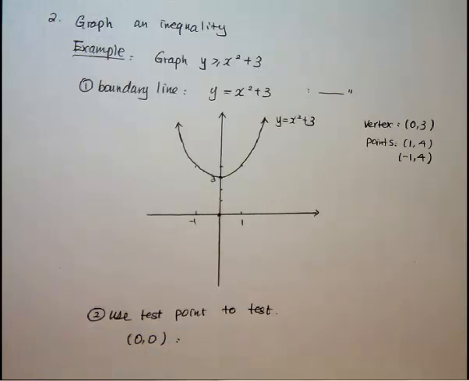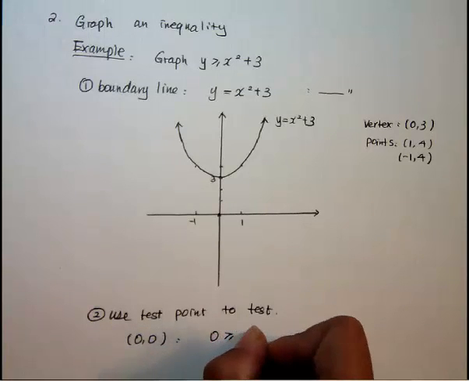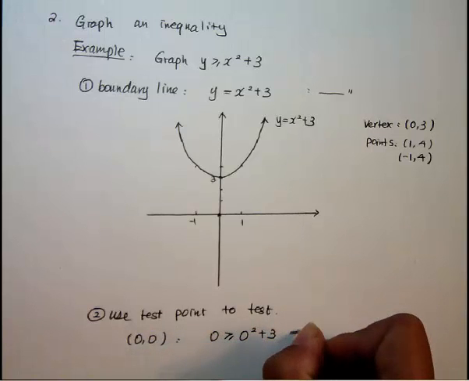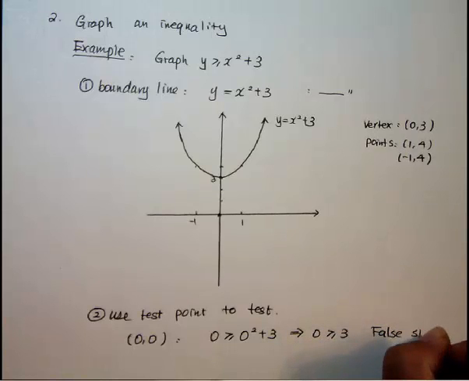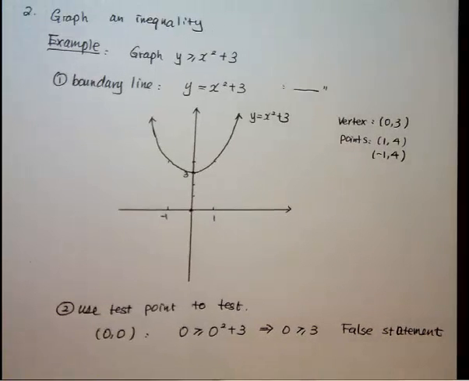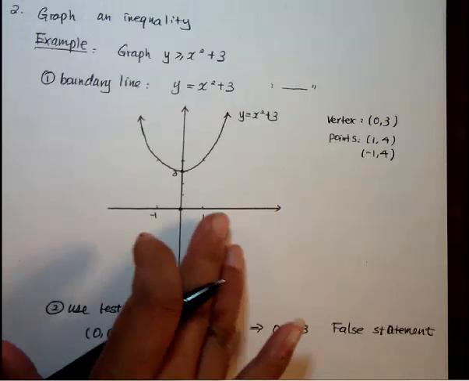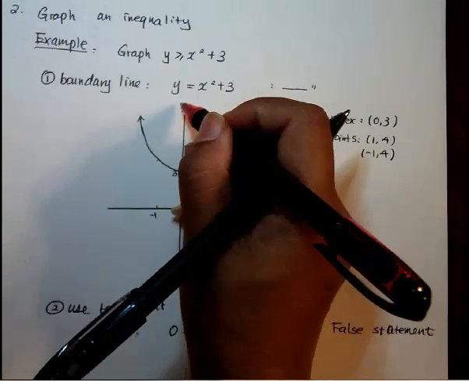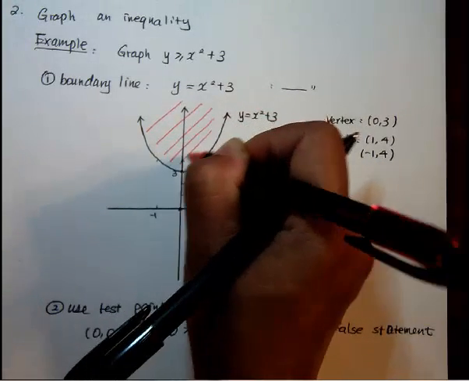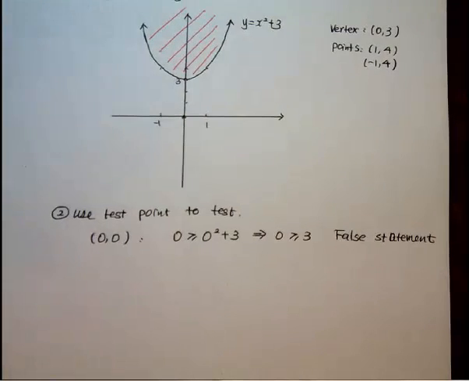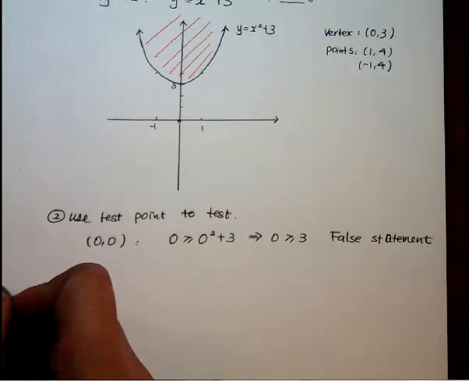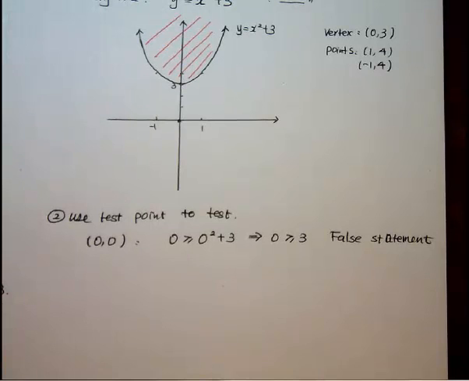Put that into my inequality: 0 greater than or equal to 0 squared plus 3. From here, I get 0 greater than or equal to 3. Again, it's a false statement, which means the half of the plane outside of the parabola is not going to be true. So the true solution is this part inside the parabola. So that is the solution step. Now let's take a look at the system of inequality, which means you are going to put several inequalities together. It doesn't have to be two.